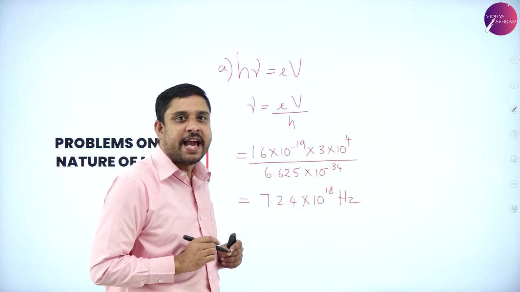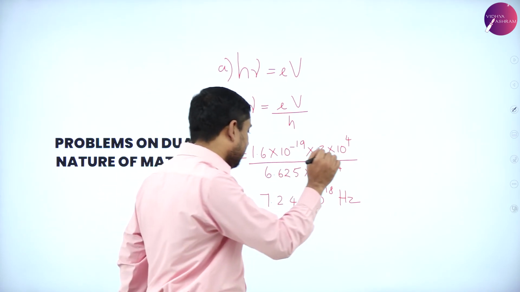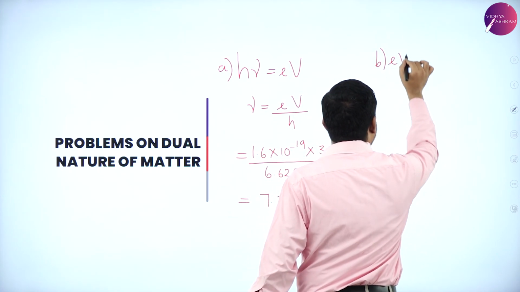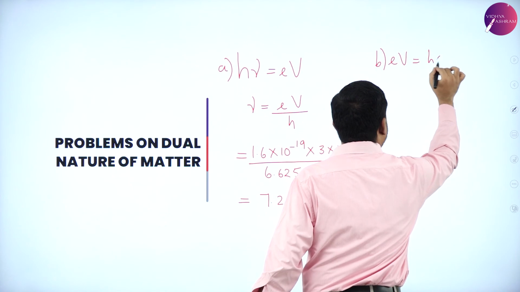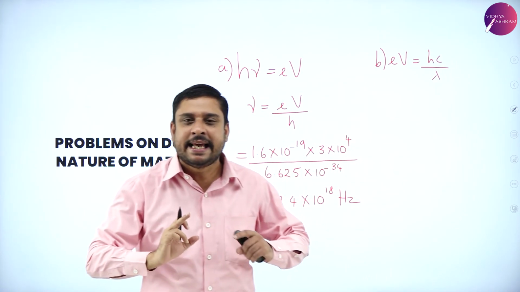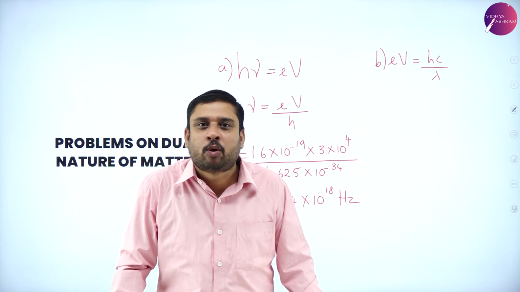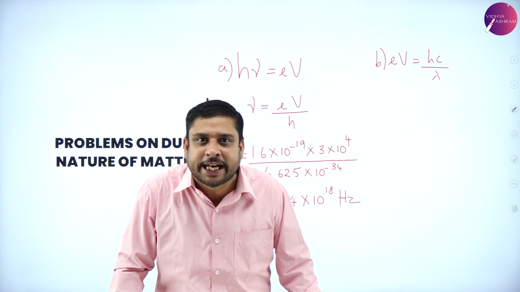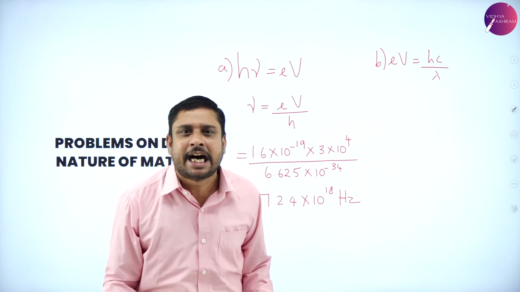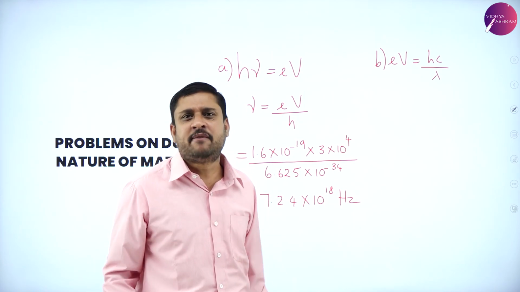Next, minimum wavelength. How will I find minimum wavelength now? For minimum wavelength, eV is hc by lambda. See, it is simple. I am just equating energy to electron volts, first in terms of frequency and then in terms of wavelength.